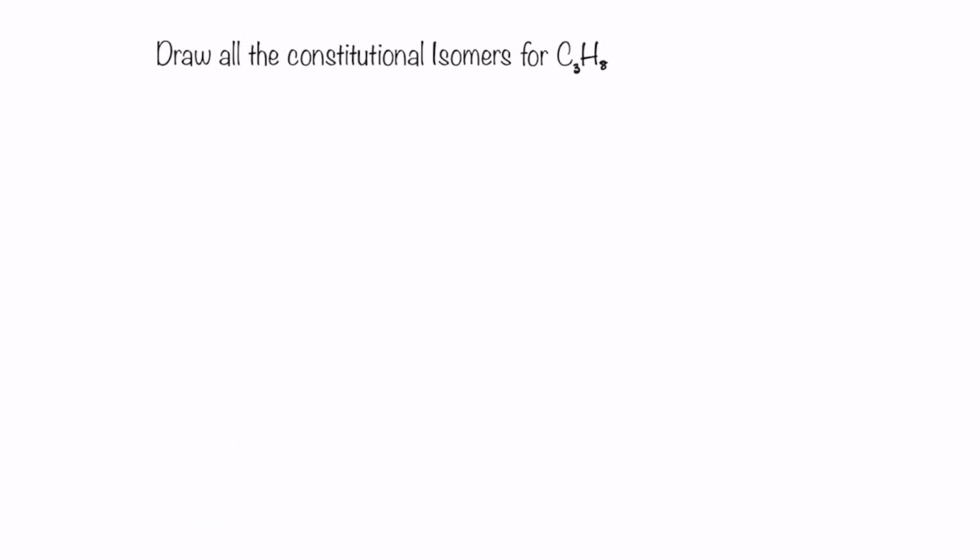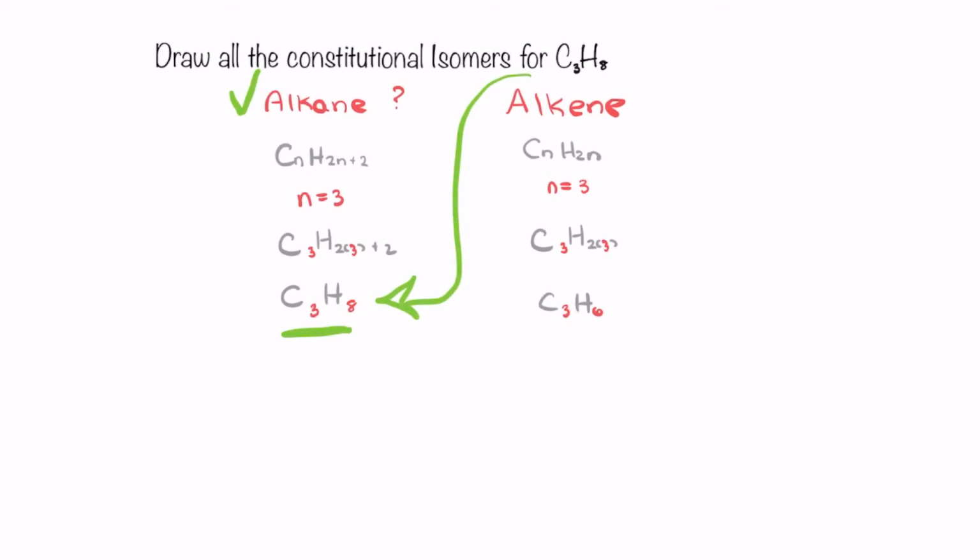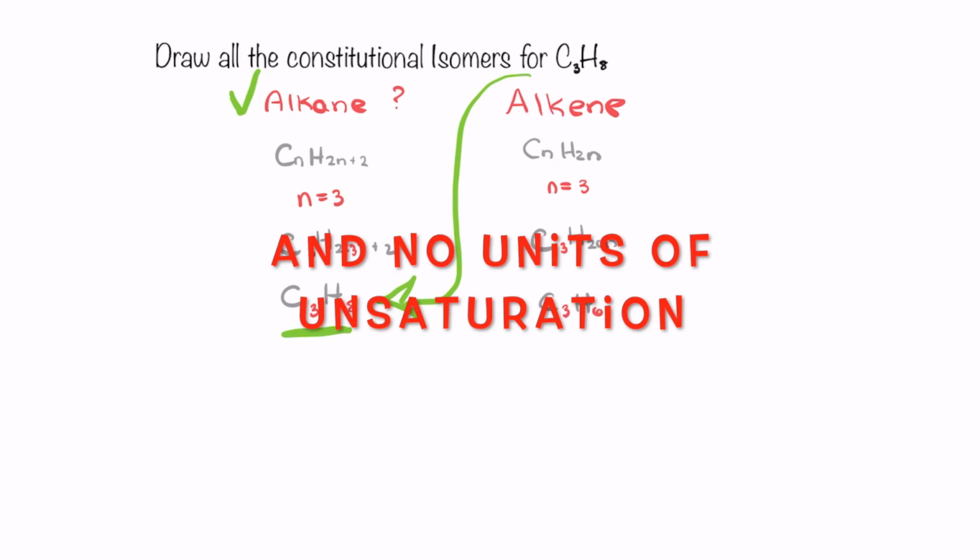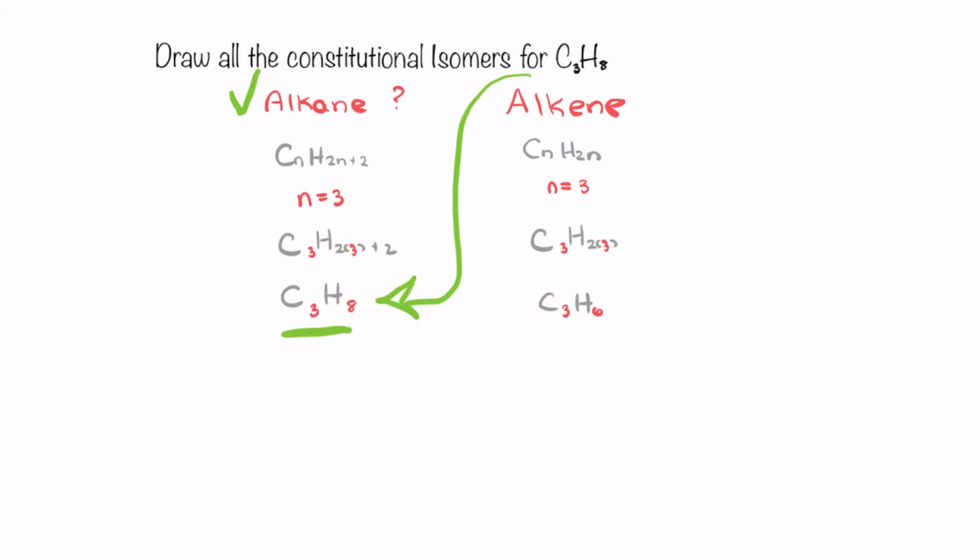Now I want you to take a moment to try this one on your own. So first we got to figure out whether or not we have an alkene or an alkane. We see that this molecular formula over here follows the formula of an alkane. This means that we can only have single bonds in the structures we're about to draw. You might have started off by drawing a classic propane chain.